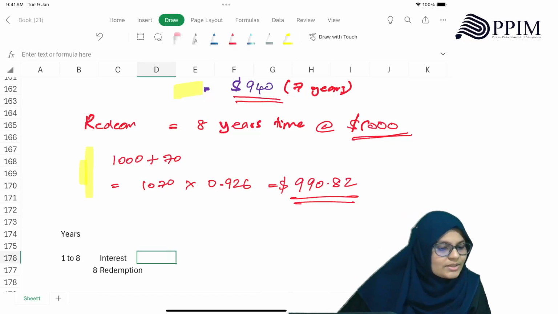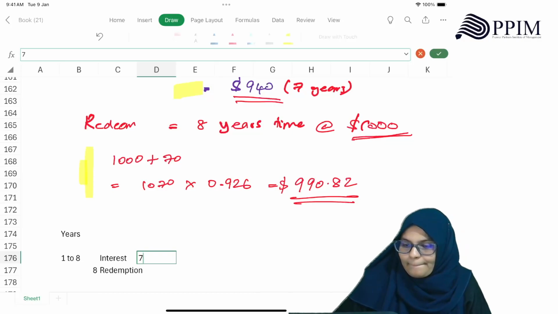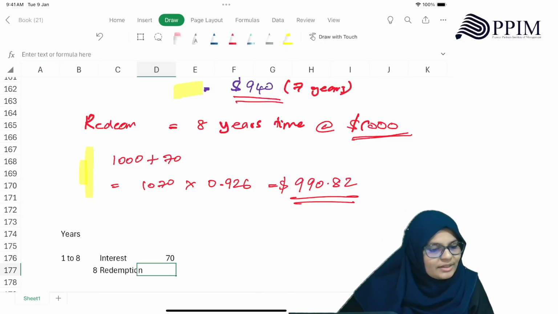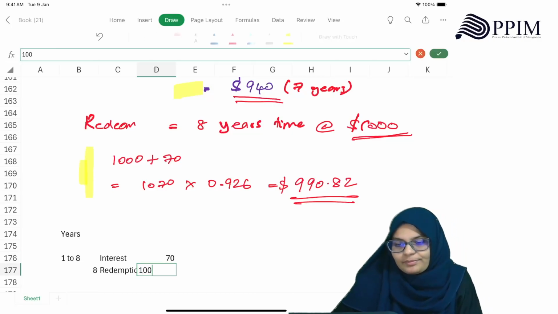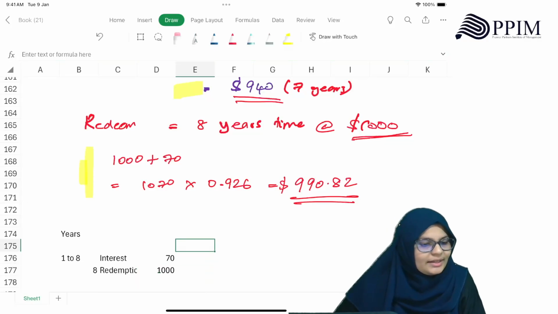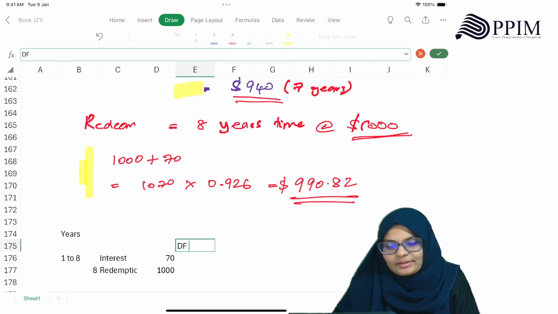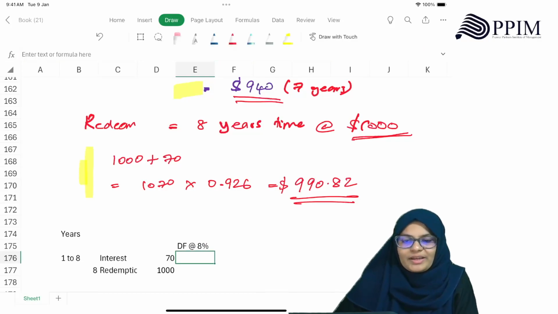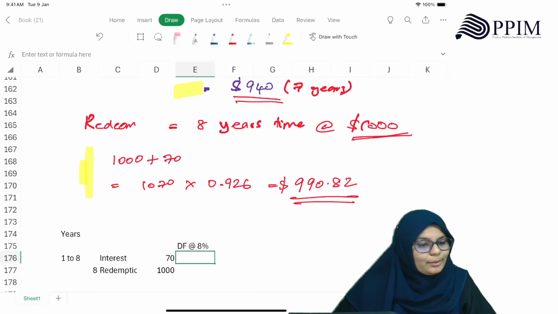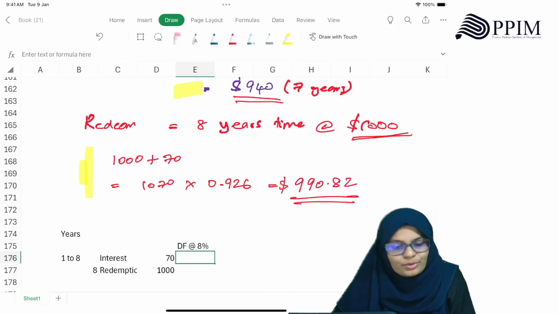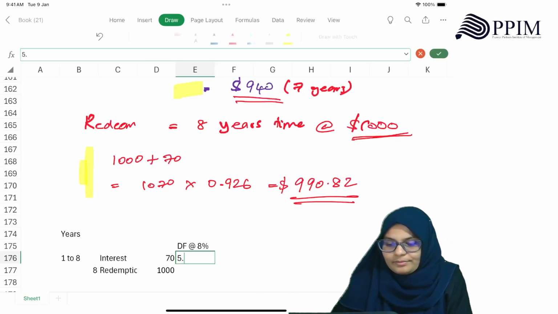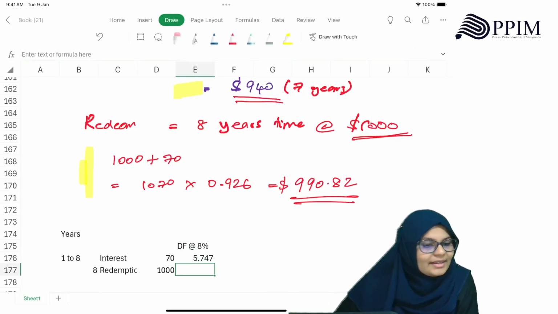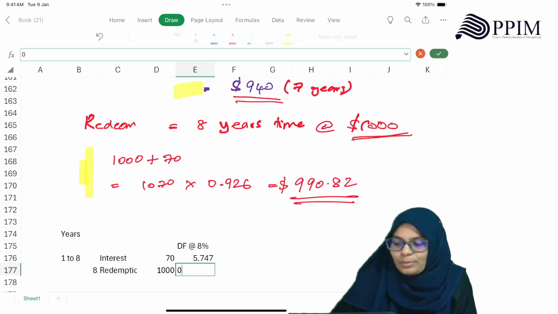So interest was how much? 70. Redemption will be 1,000. Then take the discount factor at 8%. From year 1 to year 8, the 8% annuity factor will be 5.747, and year 8's discount factor will be 0.540.